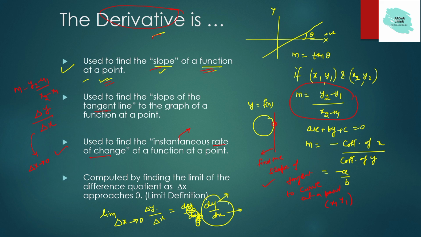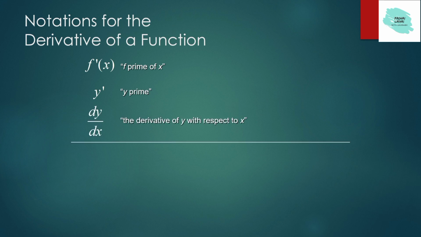Further, let us look at the notations for derivatives. We read it as f prime x. If y is given, we read it as y prime. If the derivative form is given, we read it as the derivative of y with respect to x. If ds upon dt is given, it means the derivative of s with respect to t.